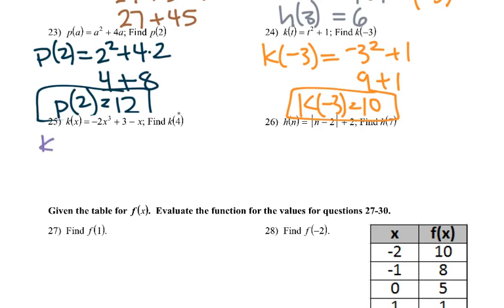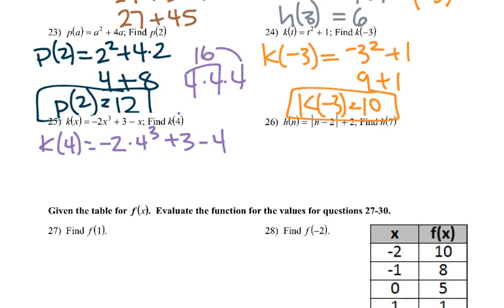So k of input of 4 equals negative 2 times 4 cubed plus 3 minus 4. So order of operations, power first. 4 cubed, 4 times 4 is 16, times 4 again is 64. So negative 2 times 64 plus 3 minus 4.